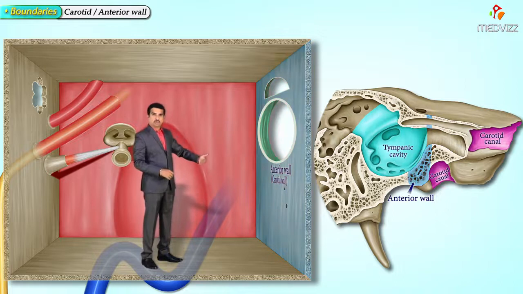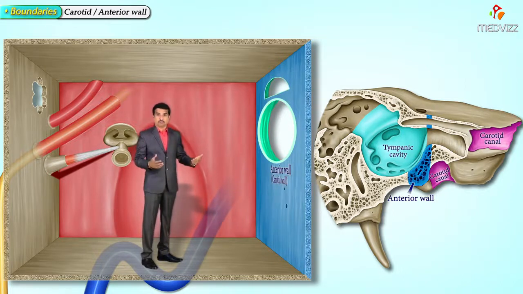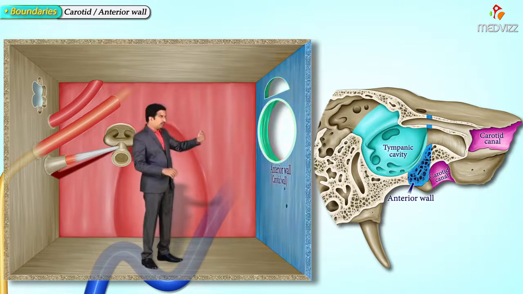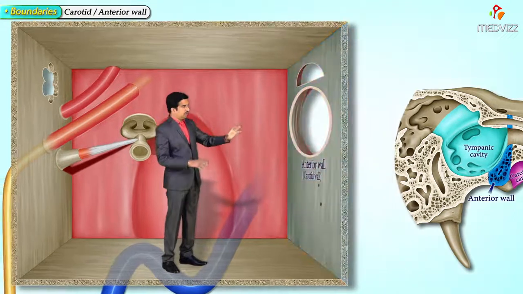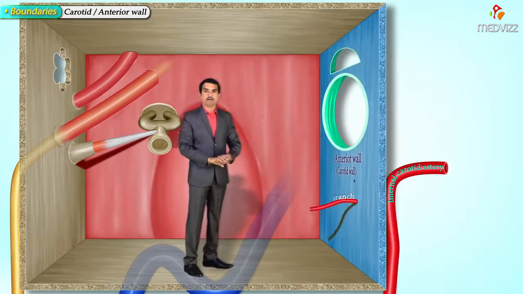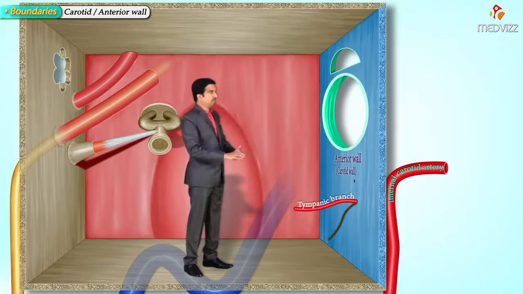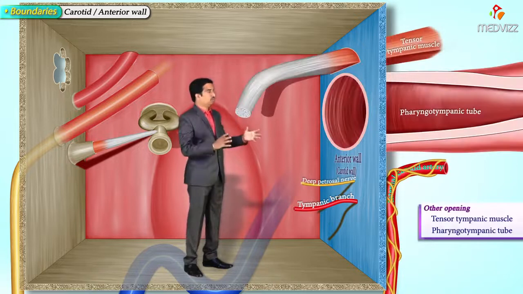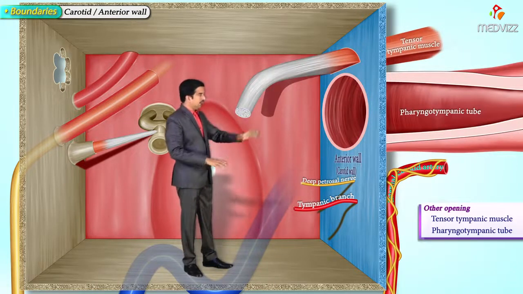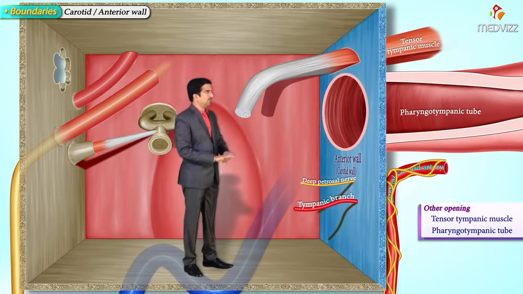The anterior wall is termed the carotid wall because a thin plate of bone separates the carotid canal from the tympanic cavity, and this wall is perforated by the tympanic branch of the internal carotid artery and also the deep petrosal nerve. So this is what we need to discuss about the anterior wall.